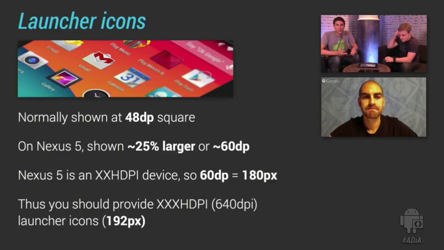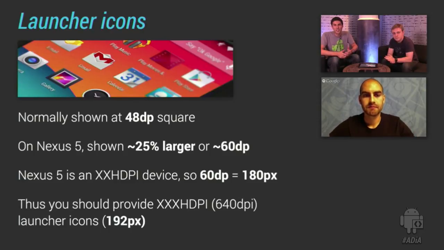All right, so for launcher icons, hopefully you're already aware they're normally shown at 48 dips, a square of 48 dips. Now on Nexus 5, due to the new launcher, they're actually shown larger, about 25% larger, or 60 dips.